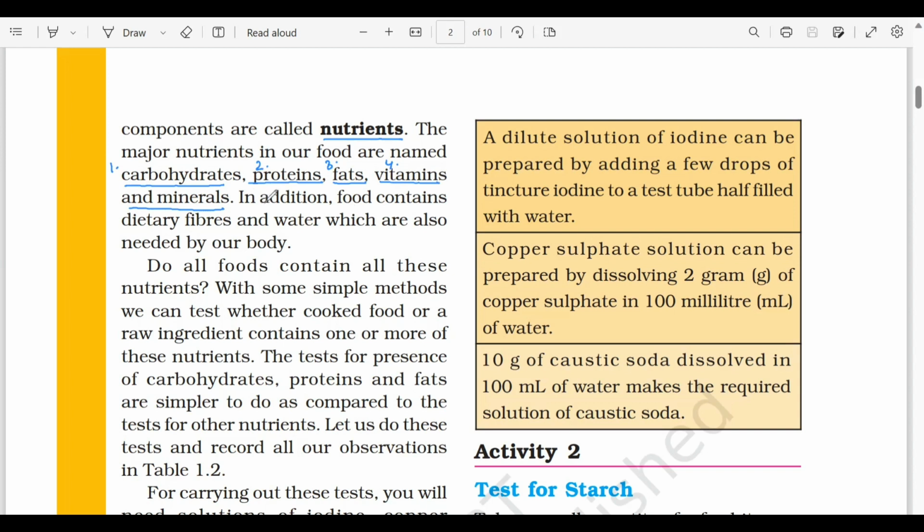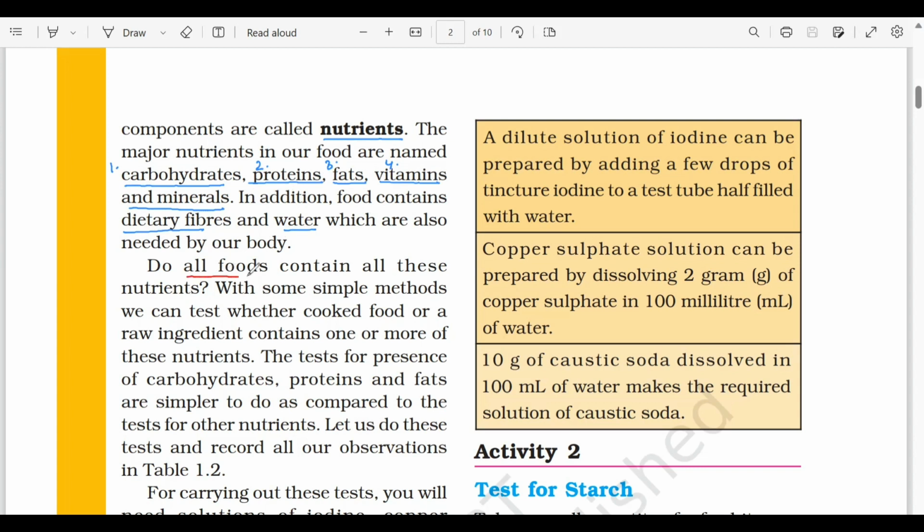Apart from this, our food also contains dietary fibers and water. And this is also required by the body. Apart from these essential nutrients, हमारे body को dietary fibers और water भी चाहिए.